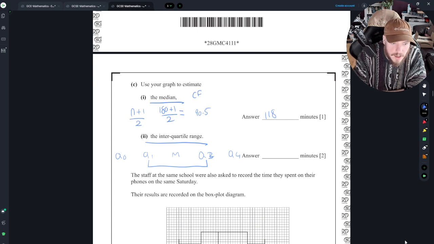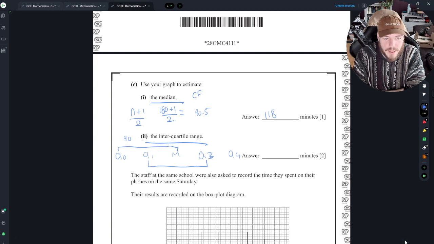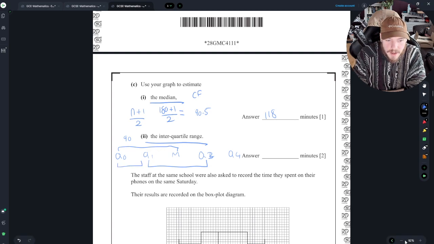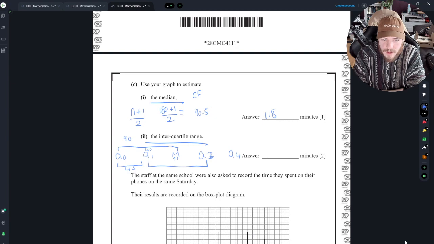So if from our Q0 the median is, let's just go 90, we'll round it down to 90, then from here to here is 45. This is our quarter value. So from Q1 to the median will be 45, our median is 90. So our Q3 will be 45 plus 90, which would be 135.